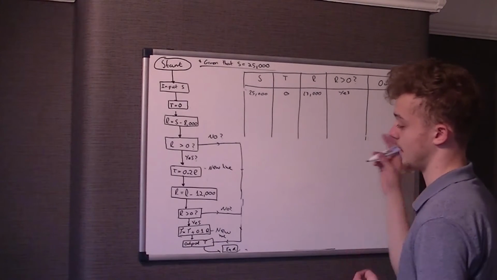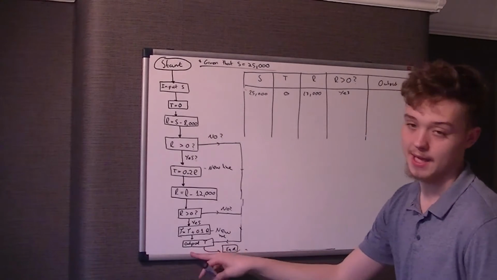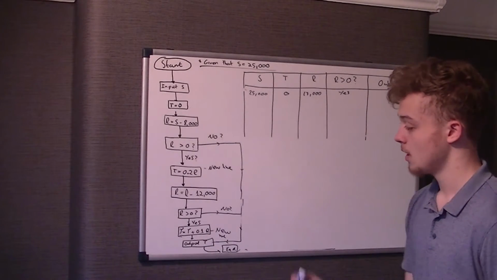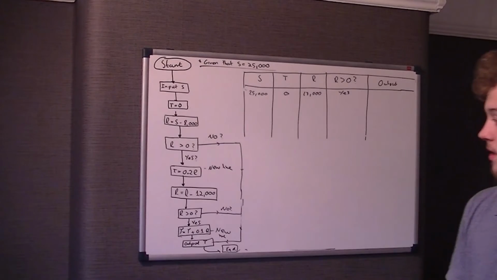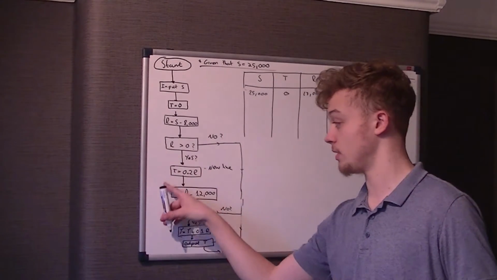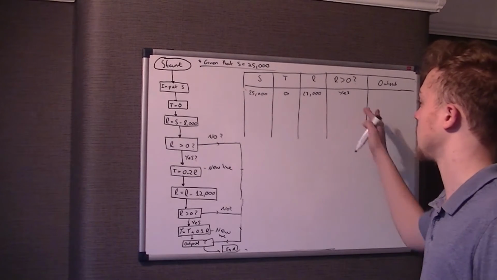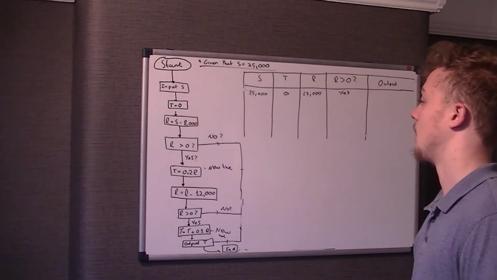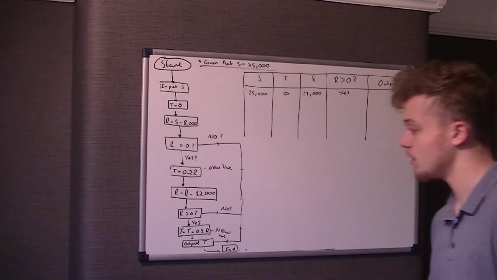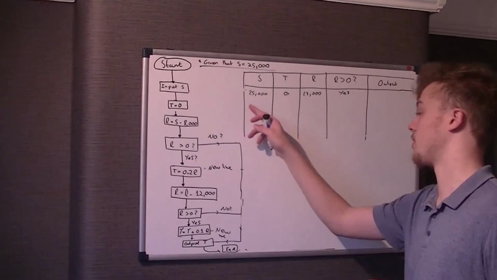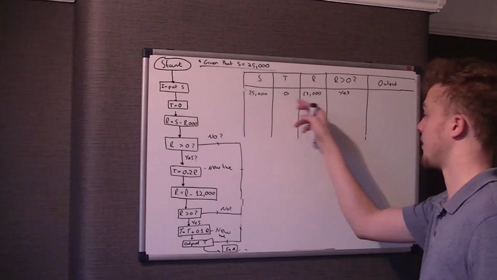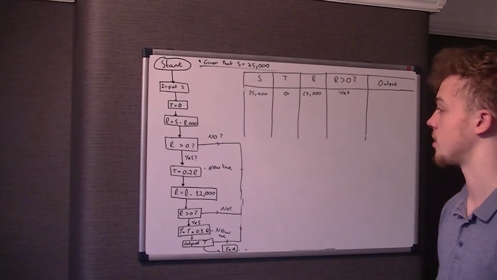You don't write anything in the output because we're not told to, we're only told at the end and we've not got there yet. So whenever you see something like R bigger than 0, then it starts to do another level of things. Once we go through each of the columns, like we've done here, once we've gone through the first row of each column, okay, we go to the second row of each column.